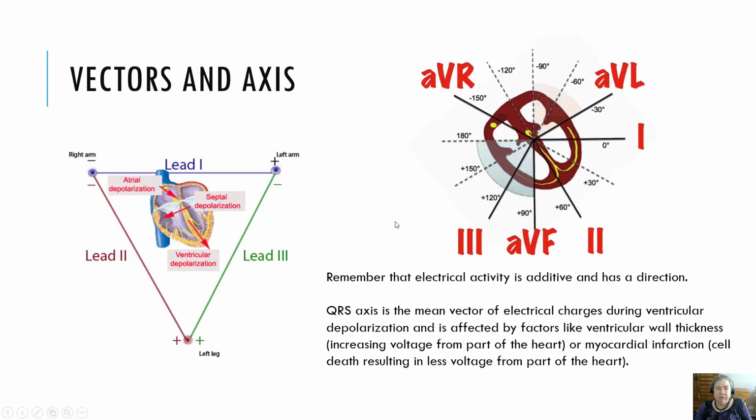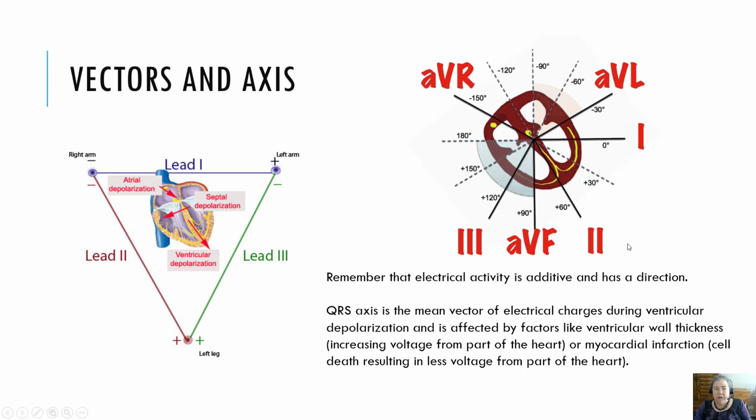Okay, this is not something that I expect you to understand right now, but I mentioned something called axis, and we use a concept called vectors to determine axis. The axis is a mean vector of electrical charges, and gives us a direction of the net flow of electrical charges.